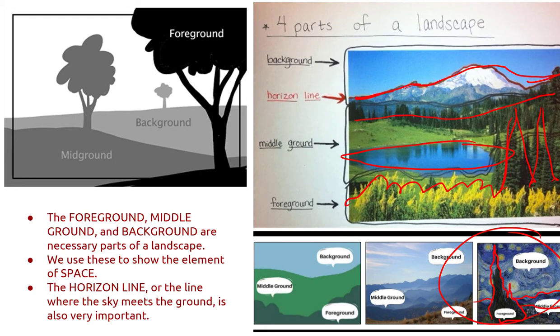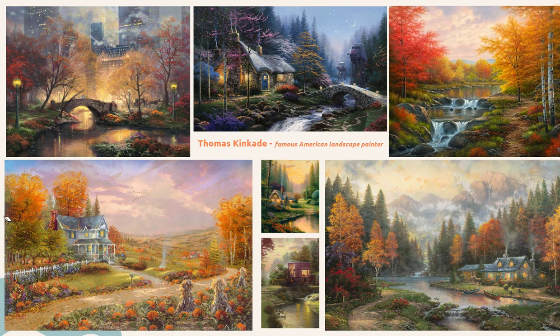So we've got this middle ground with the city, we've got the background with the sky, and the mountains are in the mid to background, basically dividing the surface of the earth from the sky. Again, just some fascinating work.